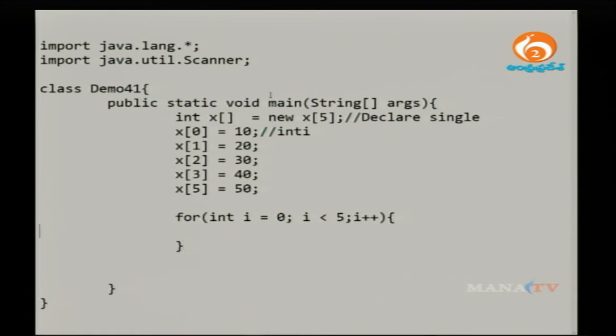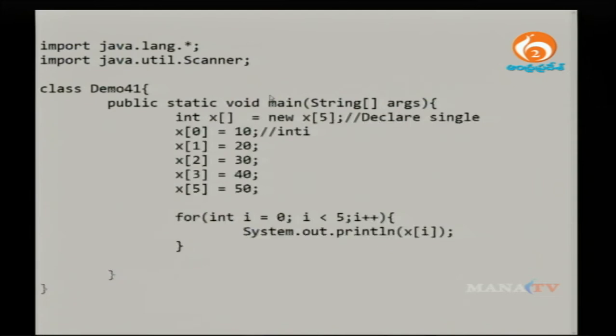Now what I want to print is System.out.println of the value x of i. Every time it is going to fetch the particular index from the given array, and print the value in the current index. Hope you understand this example.